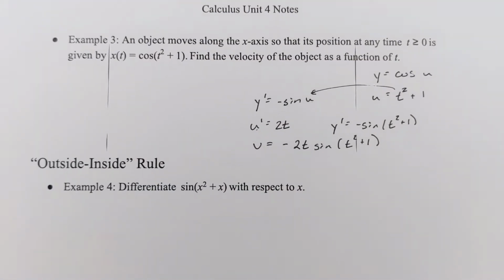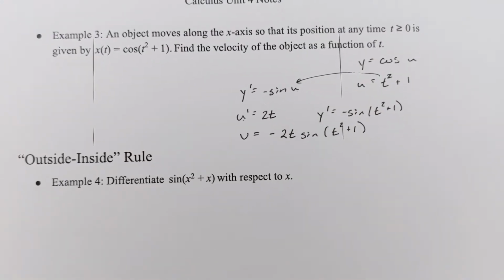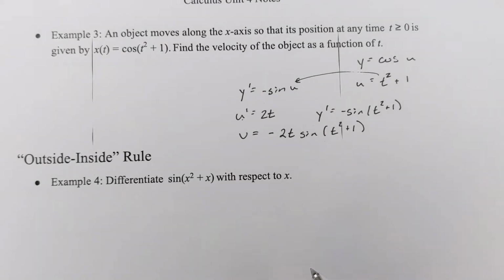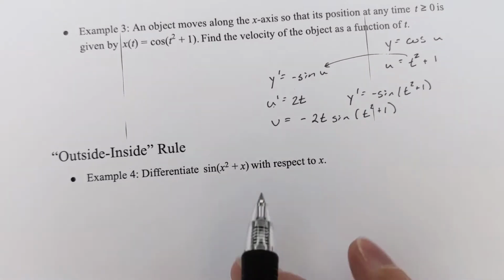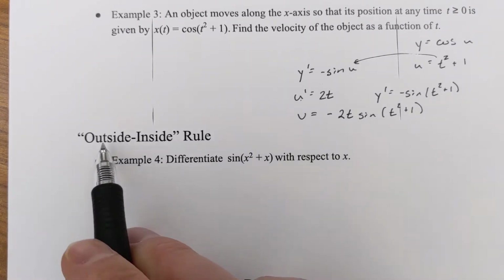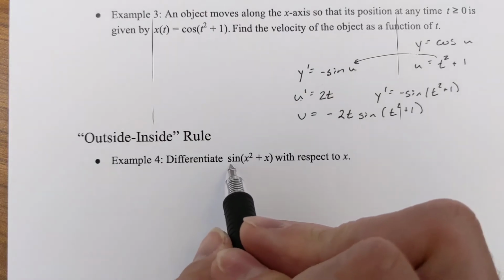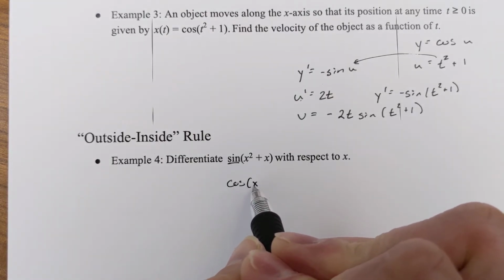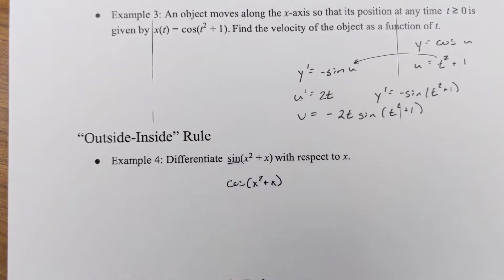Down here it talks about the outside-inside rule. This is normally how I think about doing the chain rule. To me, it kind of makes more sense. It tells you the order in which you take the derivative. You take the derivative of the outside thing first, which in this case is the sine. The derivative of sine is cosine, and then you leave the inside alone.